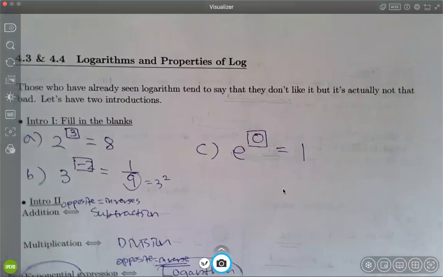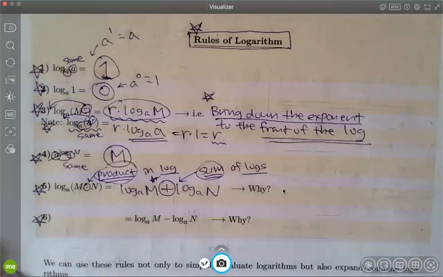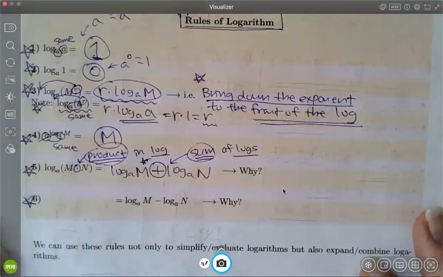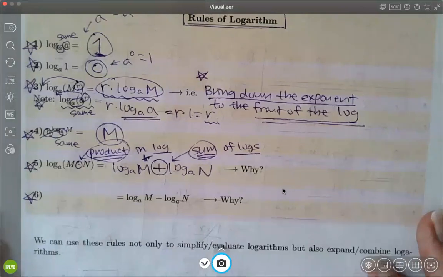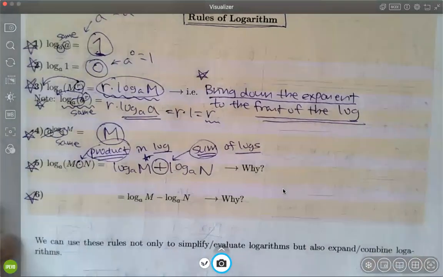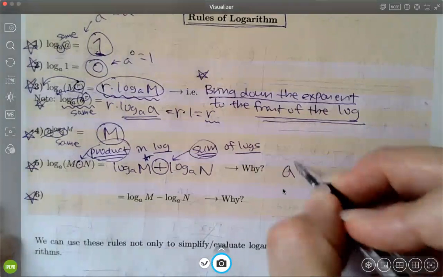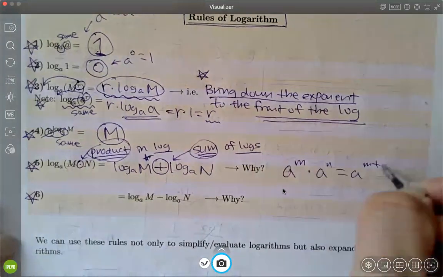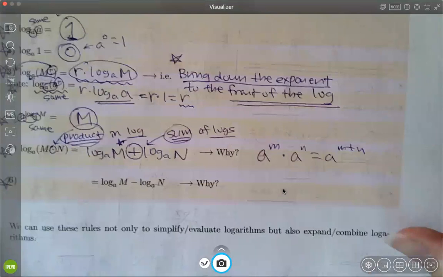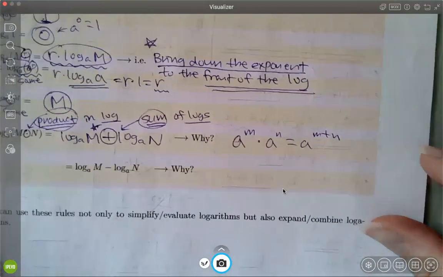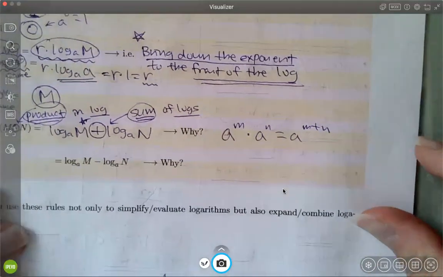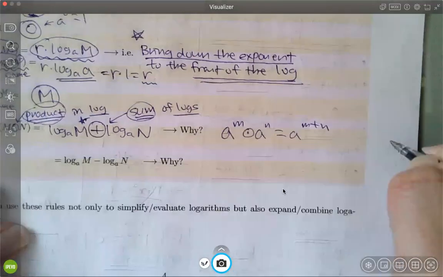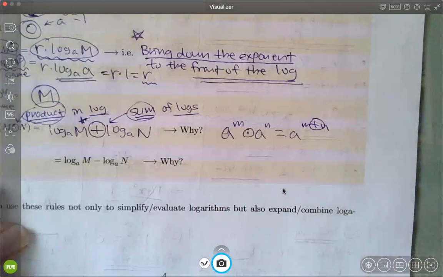So was there any rule of exponents that allows us to add the exponents? And the answer is yes, there is. When we have A to the M times A to the N, it's equal to A to the power M plus N. So when we multiply two exponential forms, we add exponents. And that precisely corresponds to this.